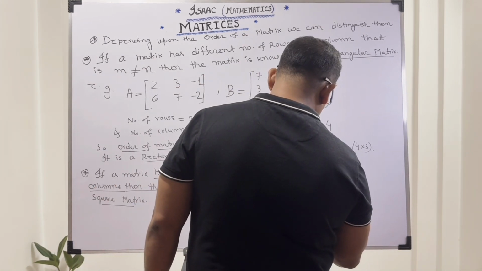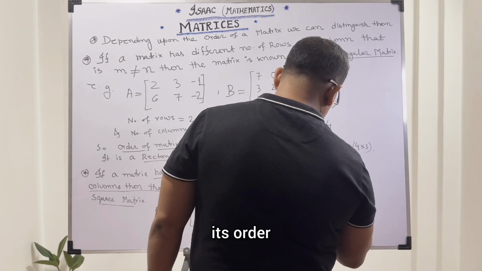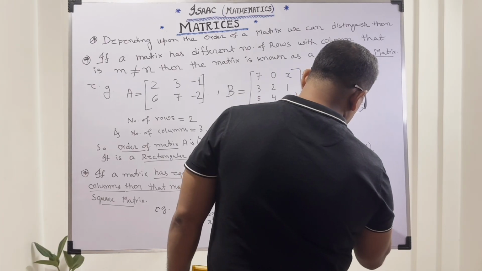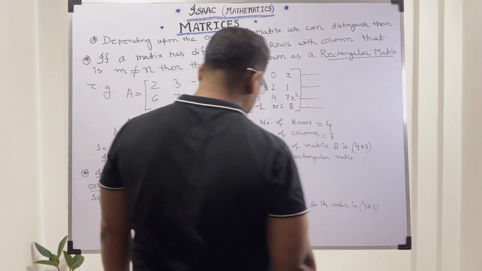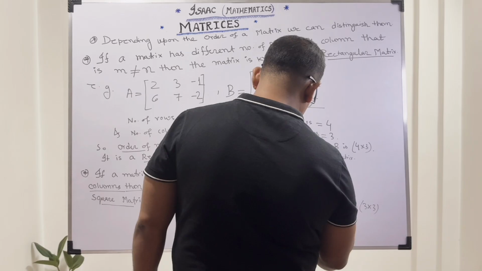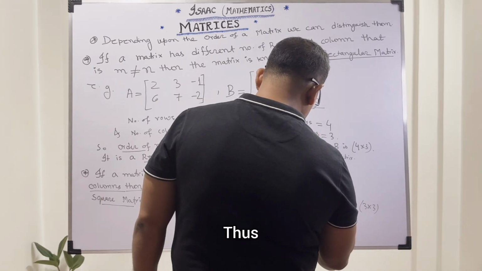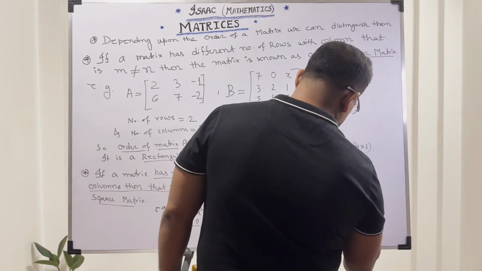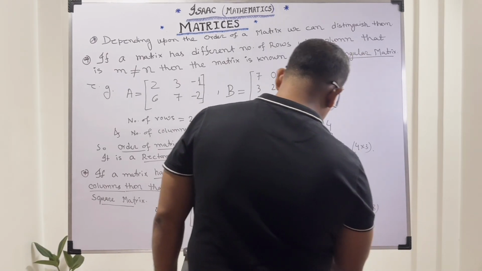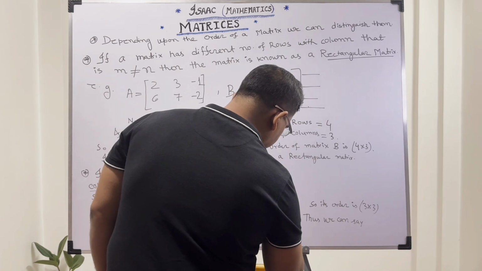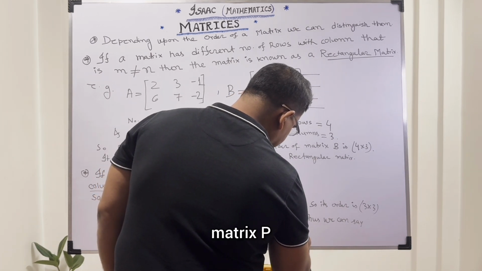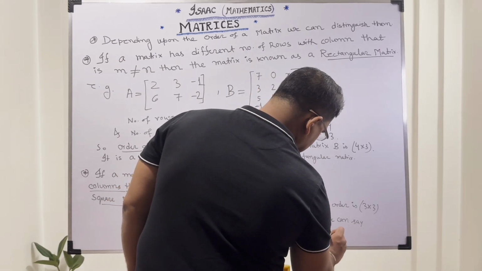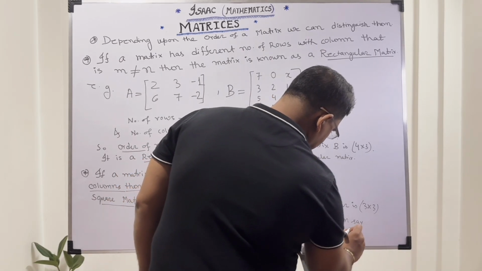So its order is 3 by 3. Thus, we can say matrix P is a square matrix.